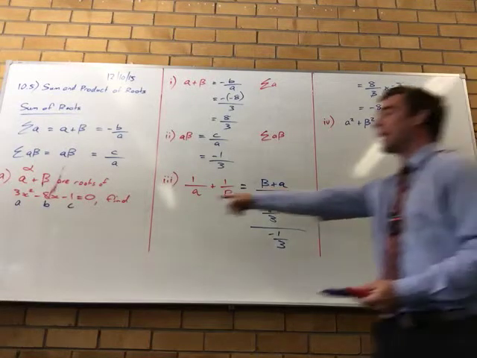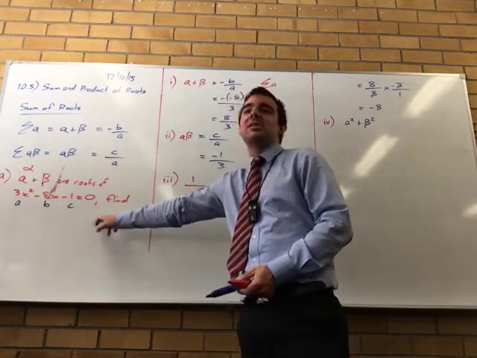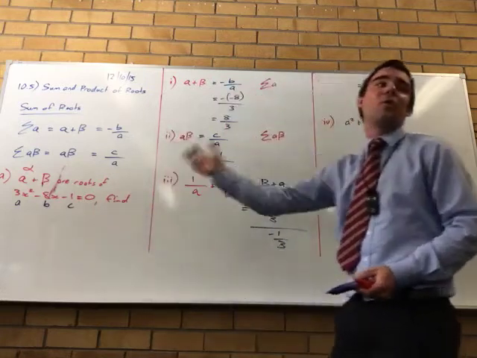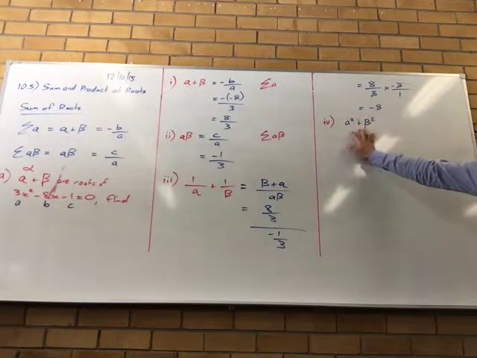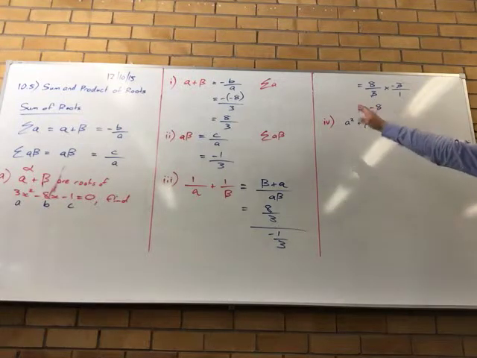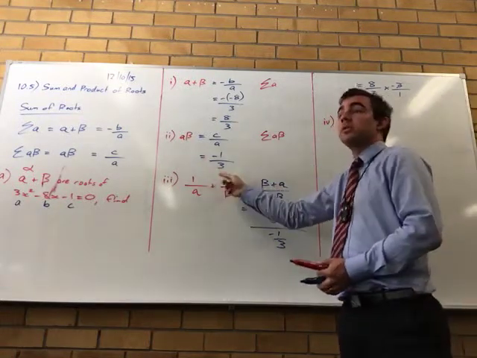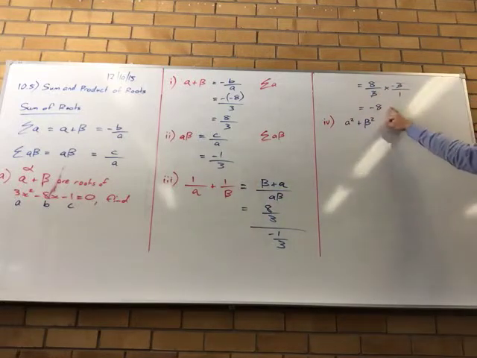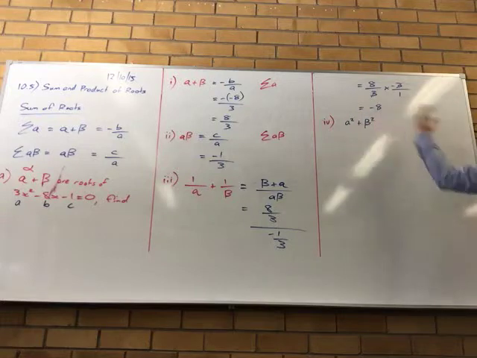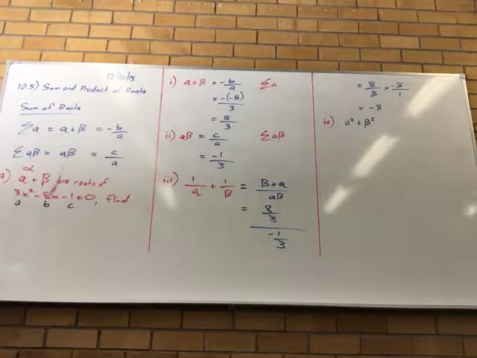So you actually find the roots using your factorising skills, quadratic formula, or completing the square method if you want to be adventurous or have a bit of fun with that. Then you perform these expressions. So you flip both the roots over, add them together, you'll get the same answer. If you square both the roots, then add them together, you will get the same answer. So we might even do that at the end.